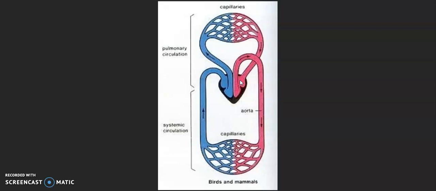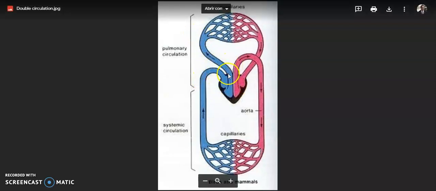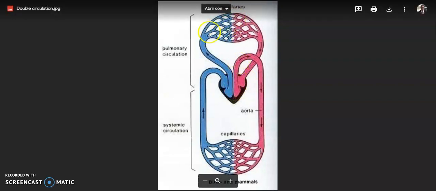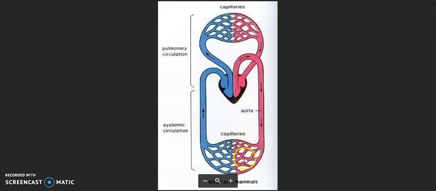Now, a little issue that I have seen in your answers in the homework. When can it happen that the deoxygenated blood, the blue blood, mixes with the red blood? Nowhere. Not even in the capillaries does it mix. That is actually where the blood loses the oxygen or gains the oxygen: it gains oxygen in the lungs and loses oxygen in the rest of the tissues in your body.